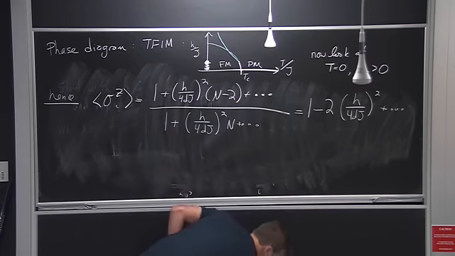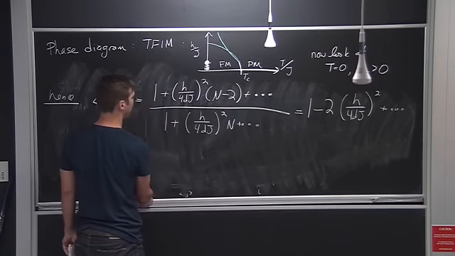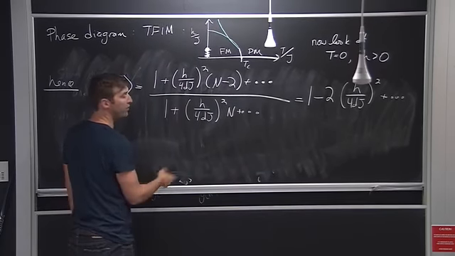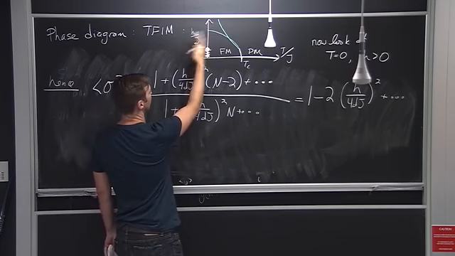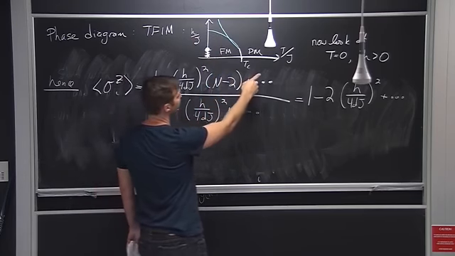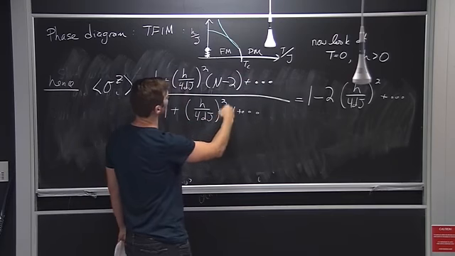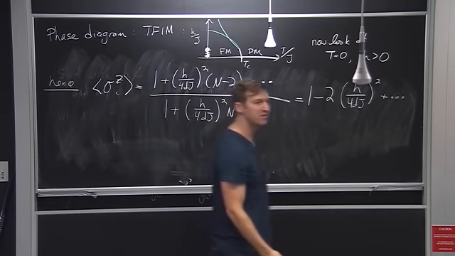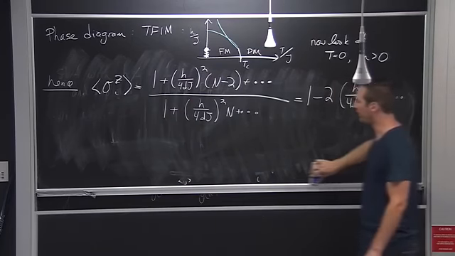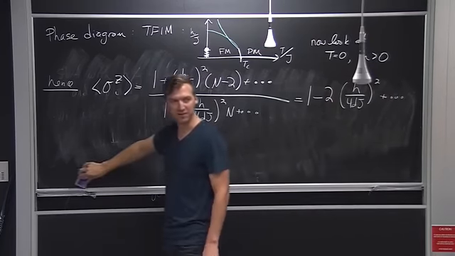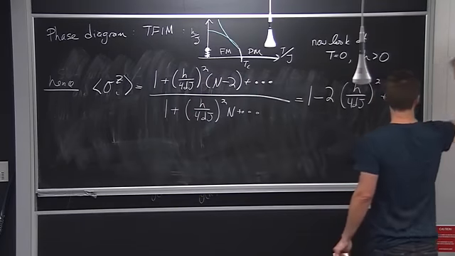So what you have to do to determine that is maybe look at perturbation theory in the other limit. You might start with a large h and treat the Ising term perturbatively and see if the ferromagnetic or paramagnetic phase wins at infinite h.